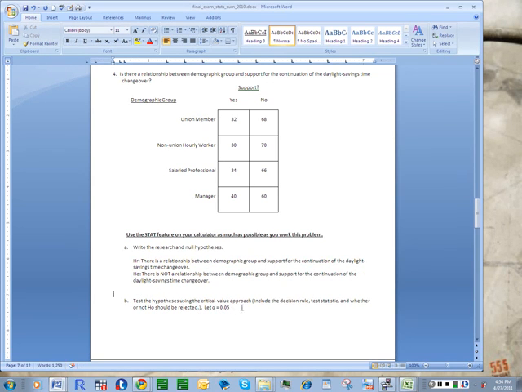And so we're going to do the critical value approach, and our degrees of freedom is equal to the number of rows minus 1 times the number of columns minus 1. That's equal to 4 minus 1, 2 minus 1, is equal to 3.